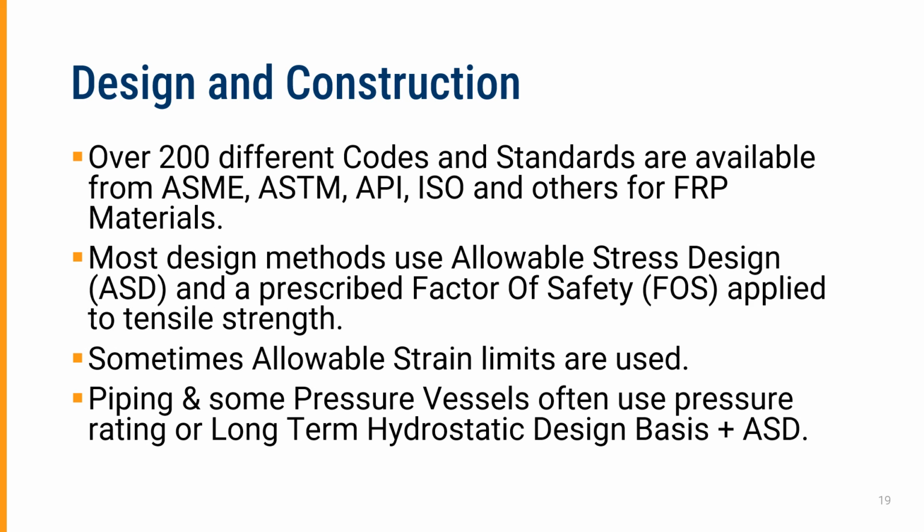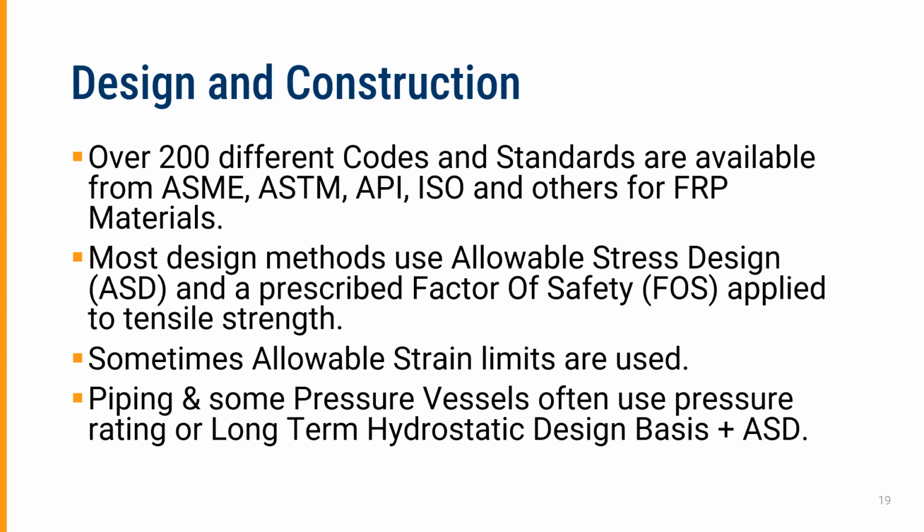There are over 200 codes and standards available from ASME or ASTM or API or ISO and some others for FRP materials. Most design methods use an allowable stress design method, and a prescribed factor of safety applied to tensile strength.